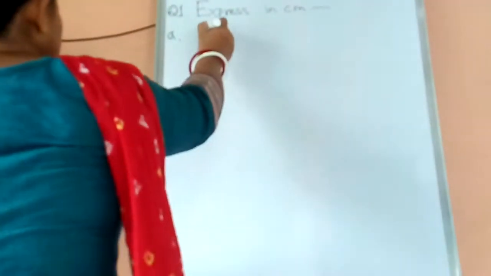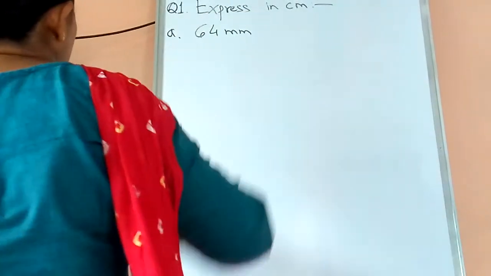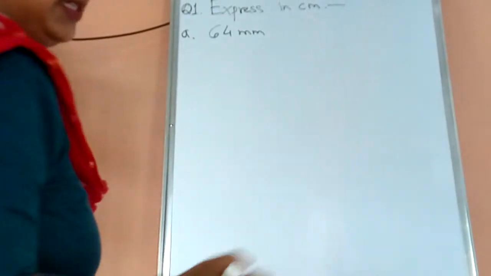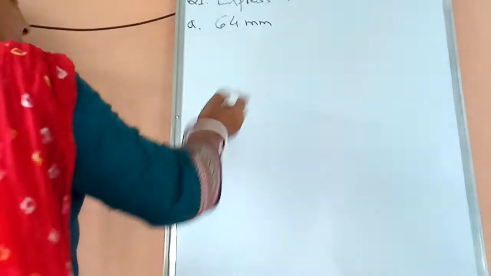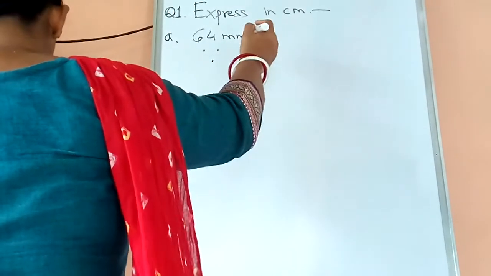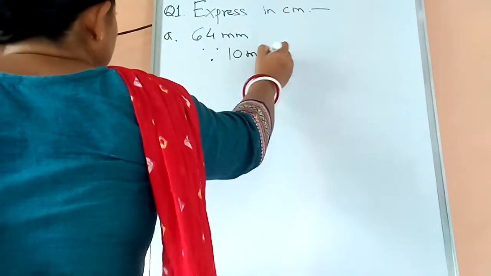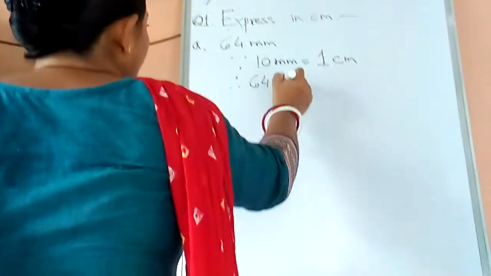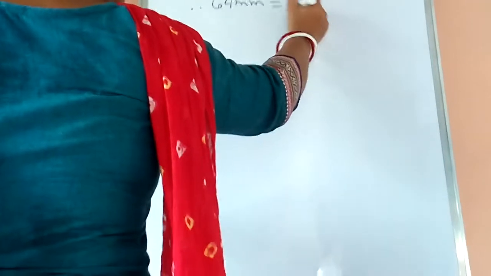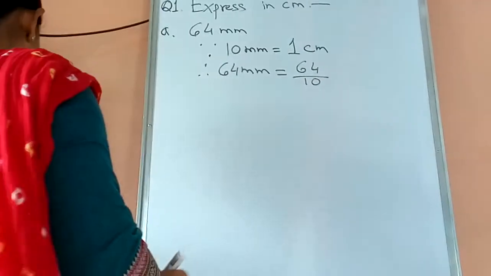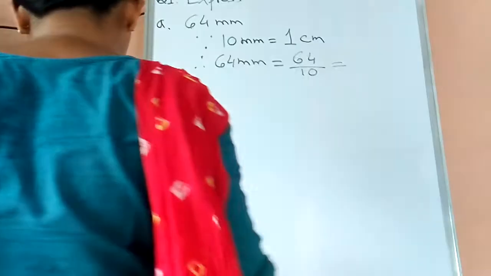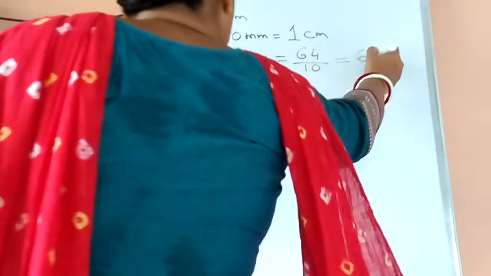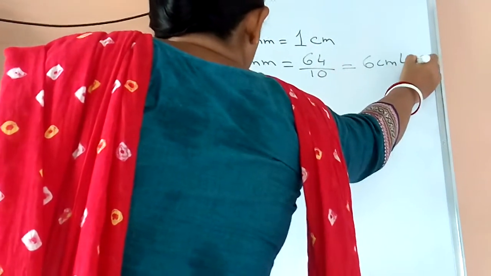The first question is given 64 millimeter. Now millimeter is the lower unit and it is being changed in centimeter, the higher unit. So you will write the opposite, that is, since 10 millimeter is equal to 1 centimeter, therefore 64 millimeter is equal to 64 divided by 10, that is 6 centimeter and 4 millimeter.